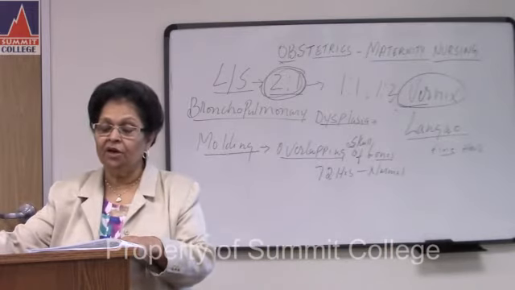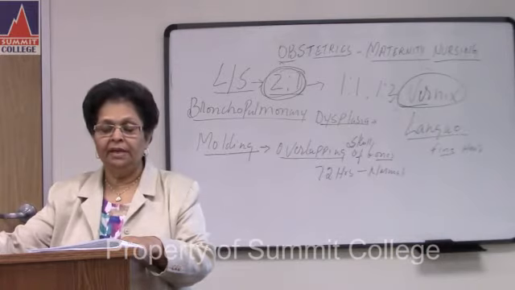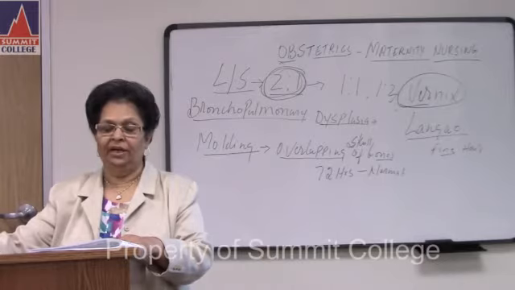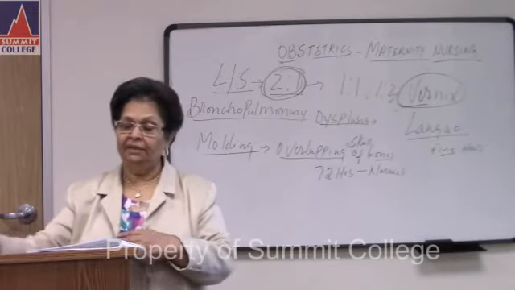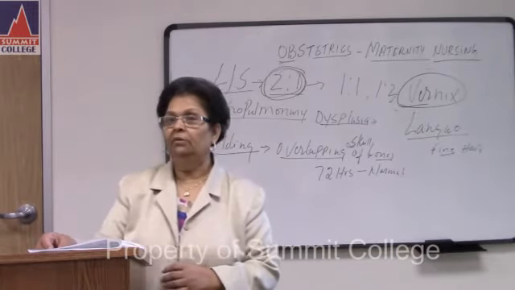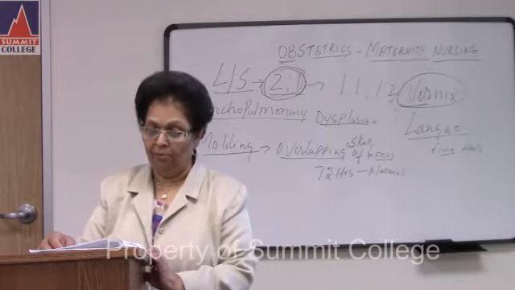Creasing of the sole and the palm are minimum. Temperature is below normal. What do you do for intervention? Monitor vital signs, cardiopulmonary function, weight is very important, keep the baby warm.